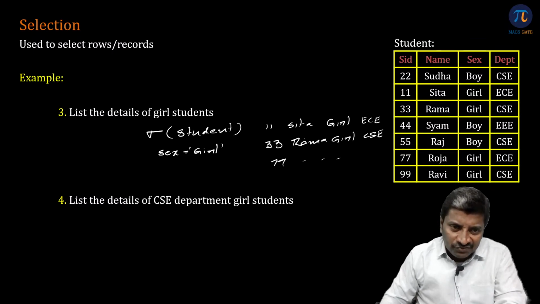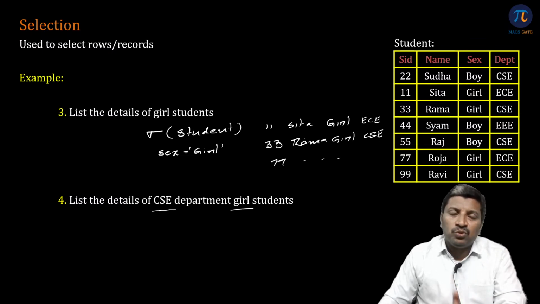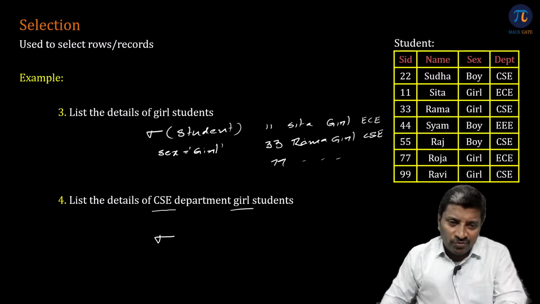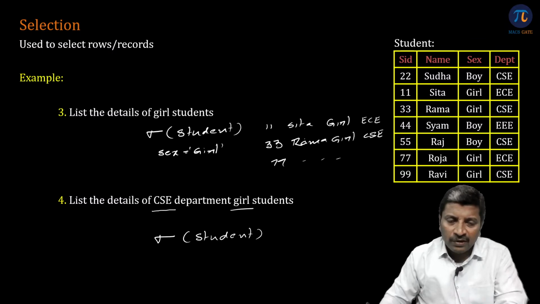List the details of CSC department girl students. That means I have two conditions: department must be equal to CSC and gender equal to girl. So we need to make the query from Student. What is the first condition? You can write any one of the conditions.